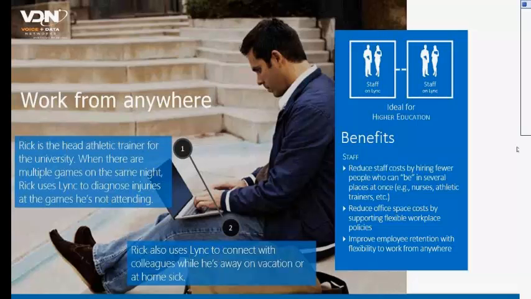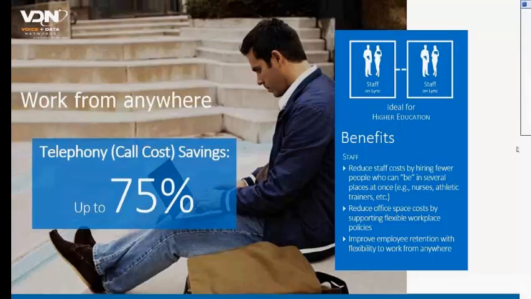And this is becoming a key competitive differentiator in college and university recruitment for faculty and staff. We're also seeing telephony cost savings up to 75% as a result of this.